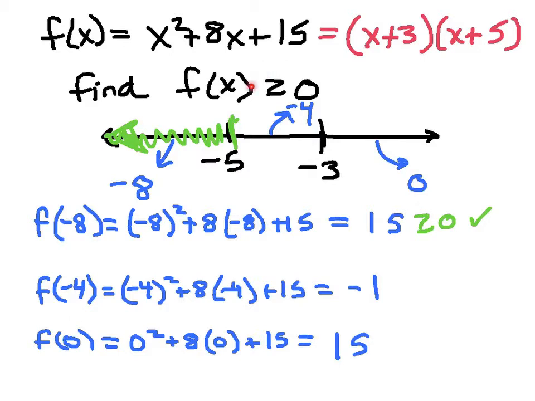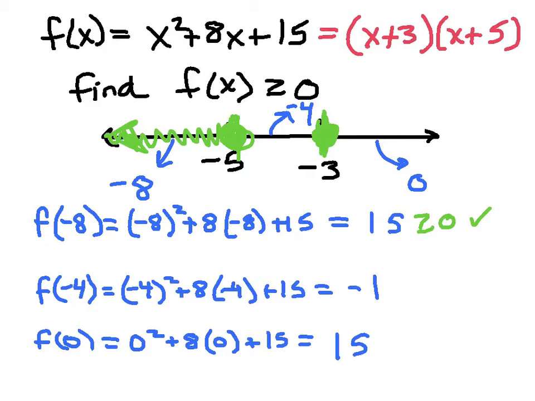Since we're talking about greater than or equal to, we found negative 5 and negative 3, the values that satisfied this function equal to 0. So these values of negative 5 and negative 3 for sure are going to work. You might want to mark those with closed circles right now. Those are definitely going to work, again because this is greater than or equal to 0. These values were equal to 0, so they're going to be included.